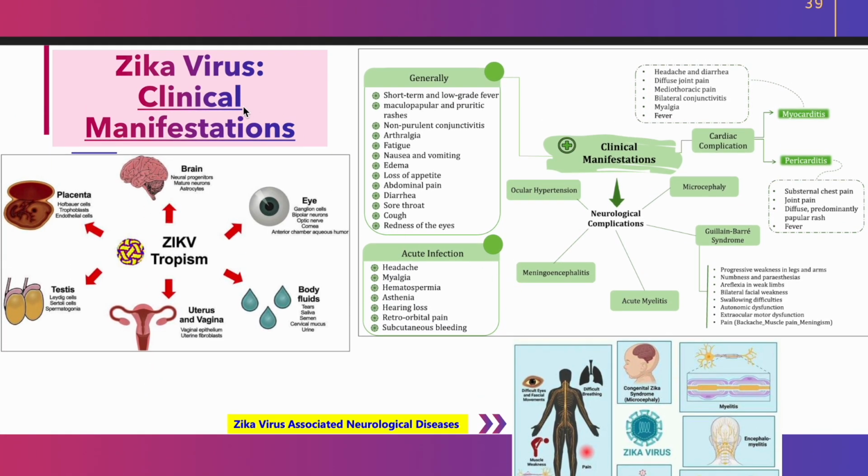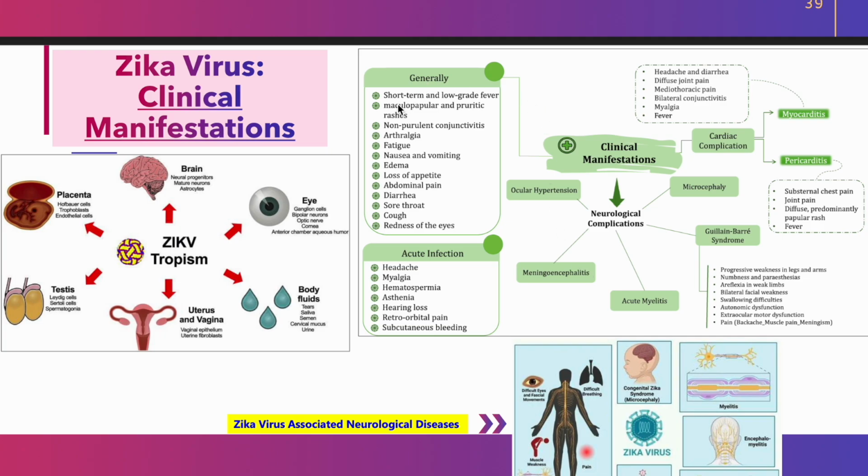Okay, for the clinical manifestation, this Zika virus affects many organs such as the placenta, brain, eye, body fluids, uterus, vagina, and also testes.